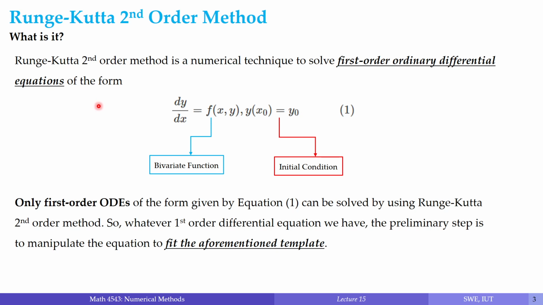Okay, fine. So the RK2 method is just like Euler's method. The RK2 method is also a numerical technique, and we can only solve first order ODEs using this method.